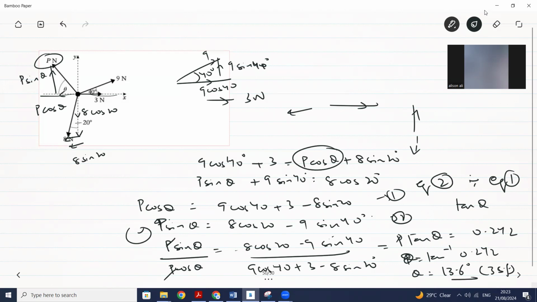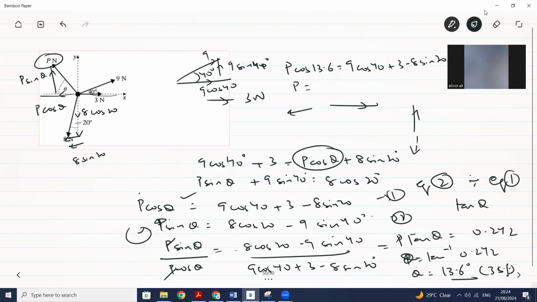The other value that we have to find is P. We can use any of the equations and solve this. For example, if I use the cos one, P cos 13.6 is equal to 9 cos 40 plus 3 minus 8 sin 20.